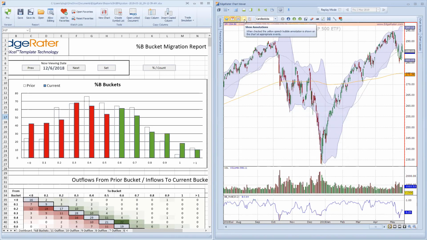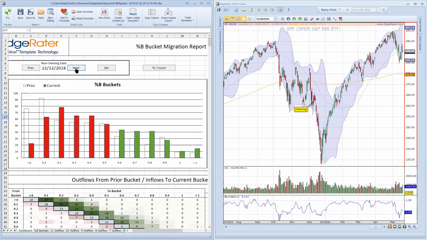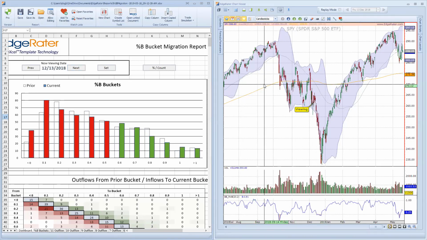If I turn on annotations, this little speech bubble up here, then as I scroll through the times on the chart, you can see the little viewing arrow points to the bar for the day being viewed over here. And in reverse, you can do the opposite.